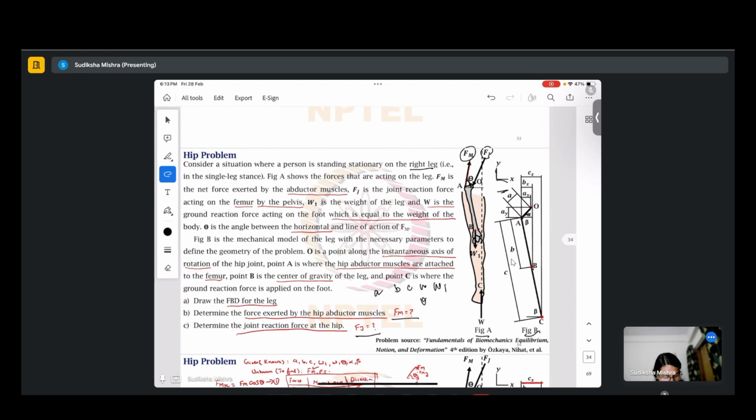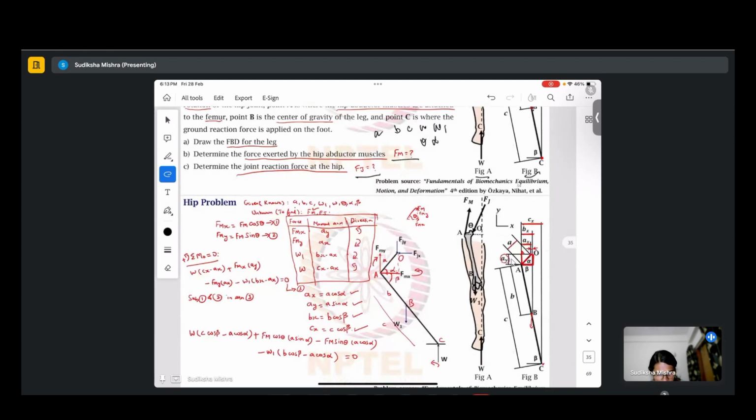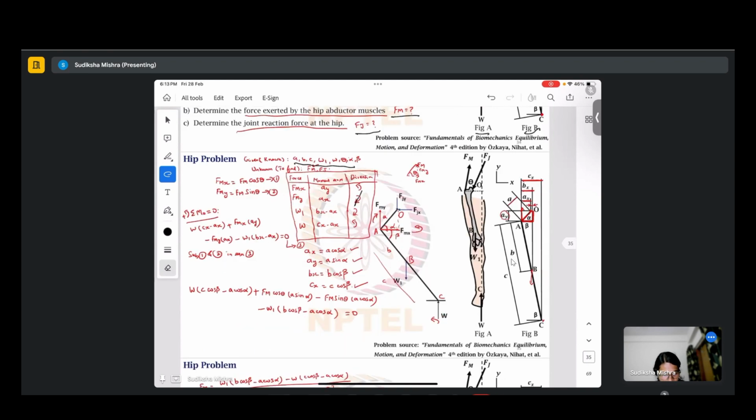We know alpha, which is the angle that OA forms with horizontal. So this is alpha. And we know beta, which is the angle that OA forms with the vertical, which is basically this angle. These are the knowns: A, B, C, W1, W, theta, alpha, and beta. And we need to find Fm, Fj, and draw a free body diagram.